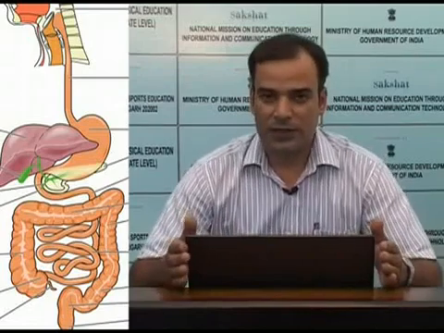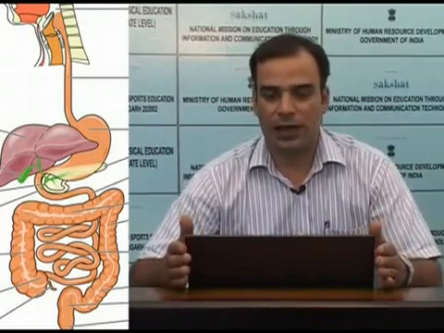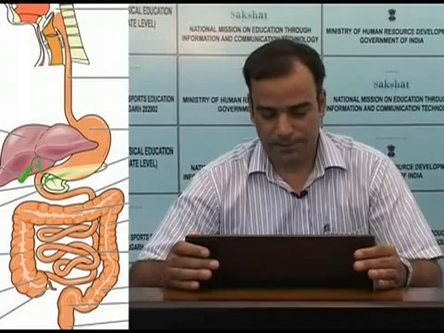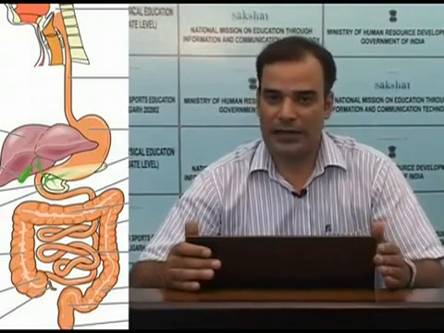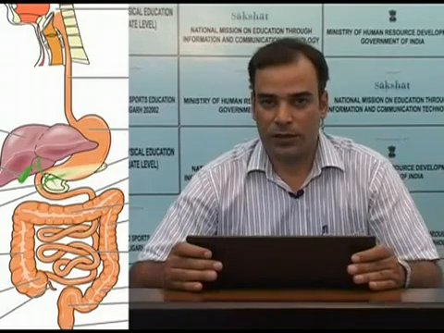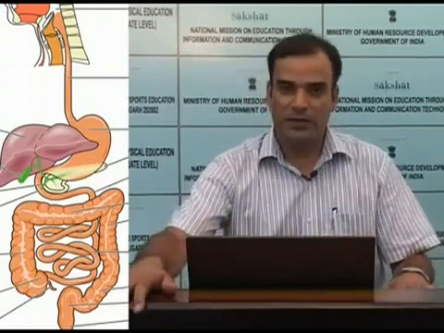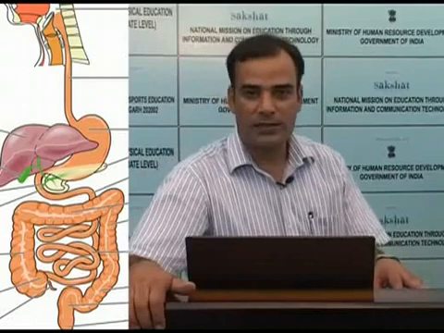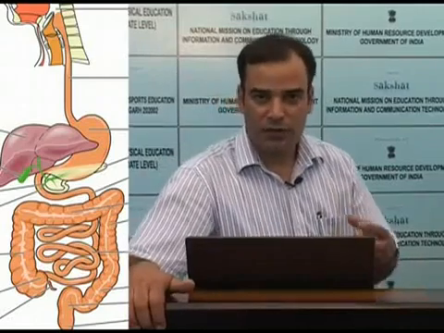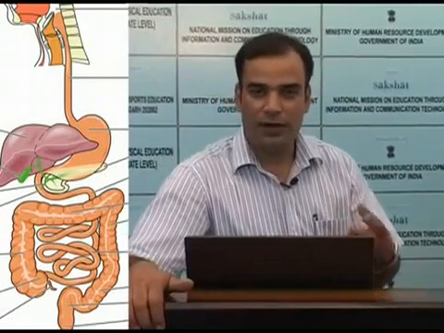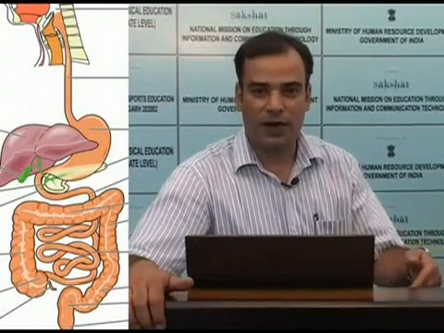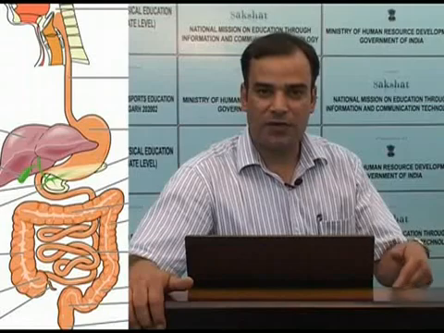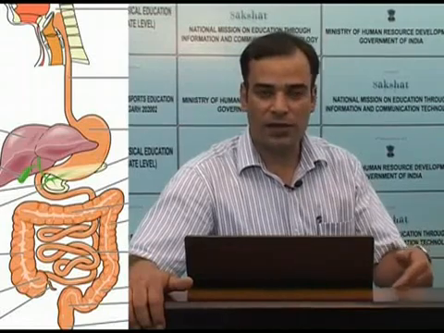Because besides nutrients, we also need water and certain electrolytes, though water and electrolytes do not need any digestion. So the main purpose of the digestive system is to provide us a continuous supply of nutrients which is required for the purpose of energy, so that we can survive, and our cells can perform the functions of growth and repair.